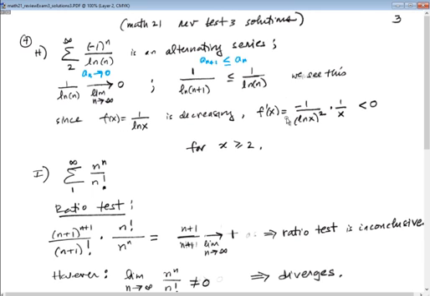When we take the derivative, we get this, and for x greater than or equal to 2, this is negative. So that means f of x decreases, and so this one does as well. Showing those two things means we have convergence.